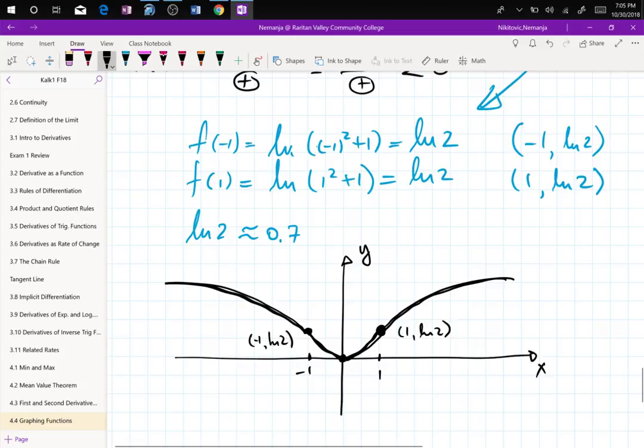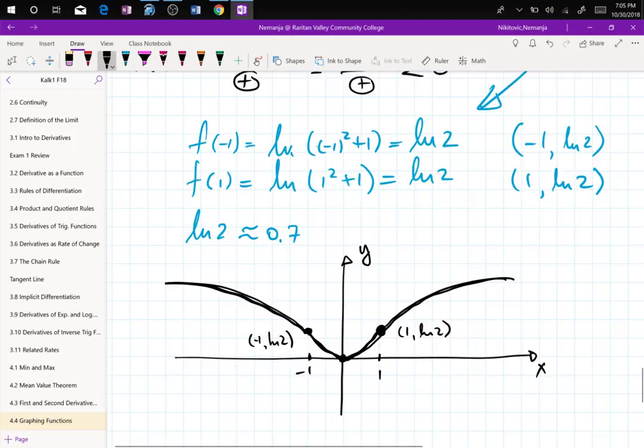So now we're going to jump into Desmos. Run this real quick. I have ln, open parenthesis, x squared plus 1, and close. Ta-da, there it is.